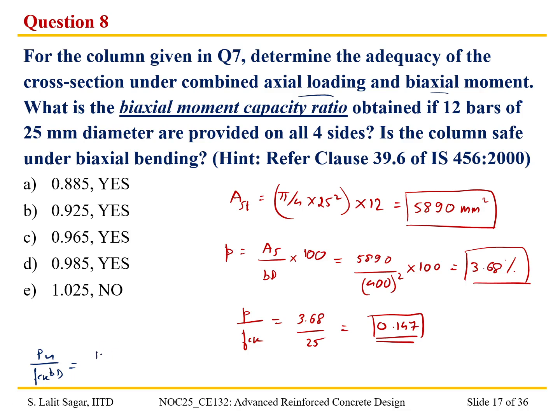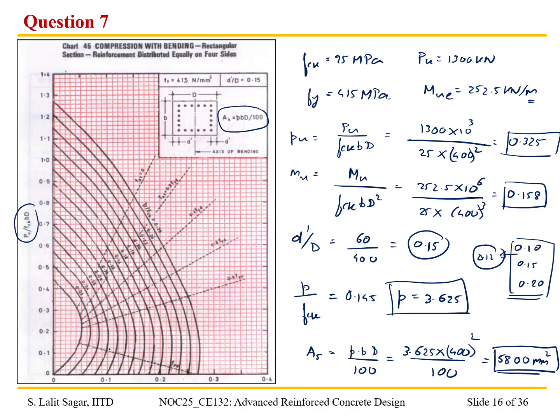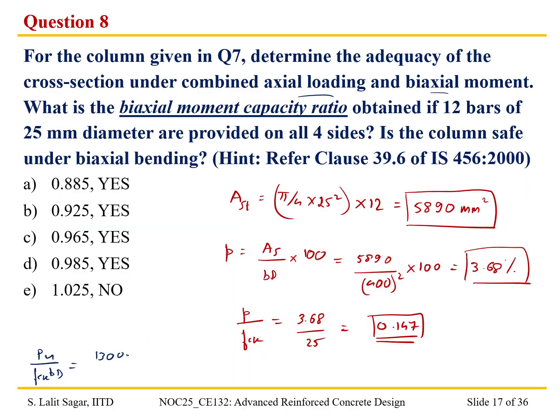That is 1300 into 10 to the power 3, and fck is 25 multiplied by 400 square, which gives me a value of 0.325.